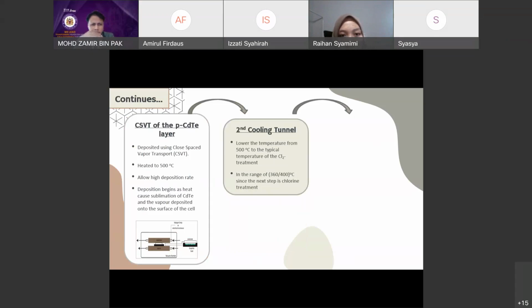Then the sample undergoes the second cooling tunnel, where the temperature is lowered from 500 degrees Celsius to the typical temperature of the chlorine treatment, which is in the range of 360 to 400 degrees Celsius, since the next step is chlorine treatment.